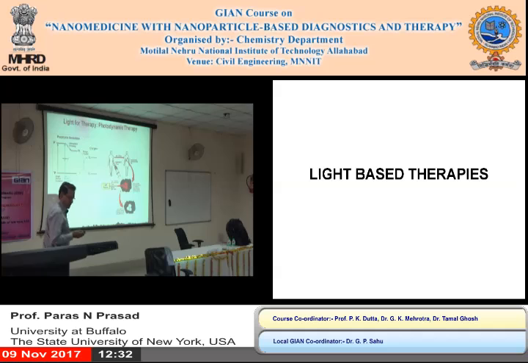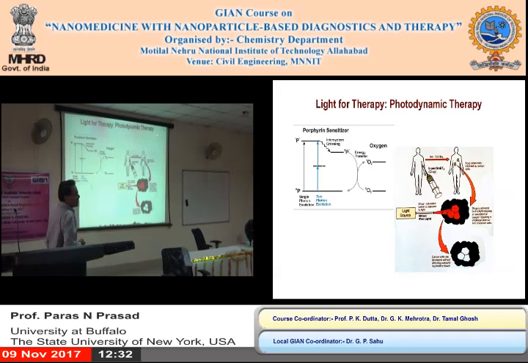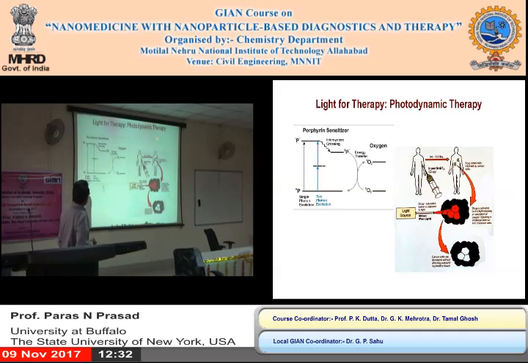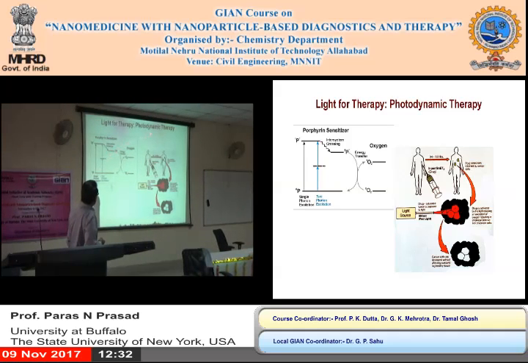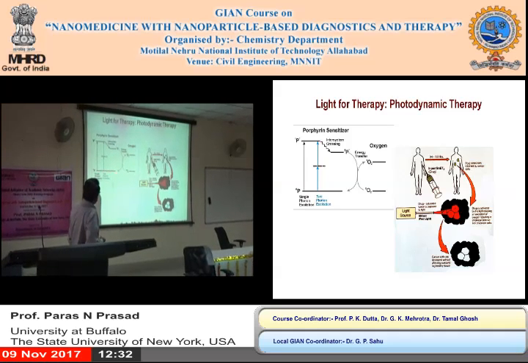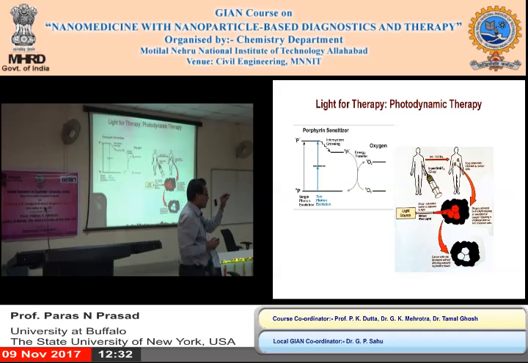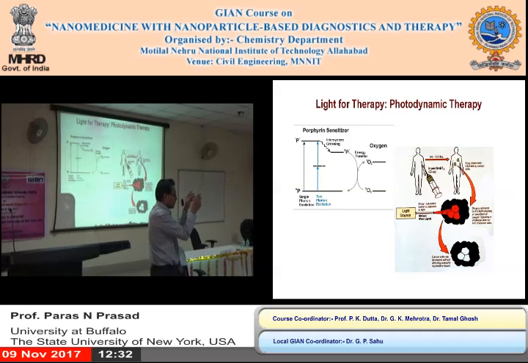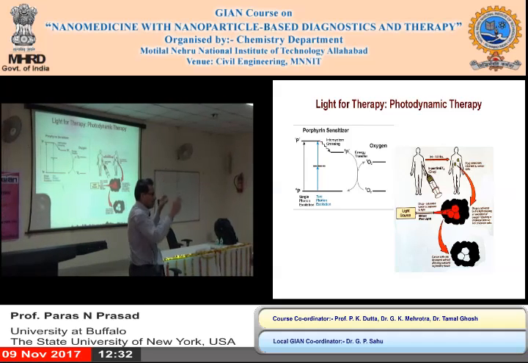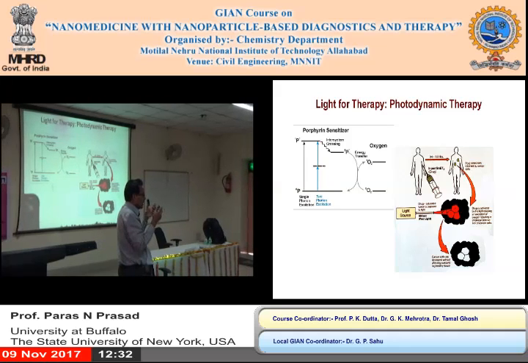Light-based therapy. So one of the therapies is what is called photodynamic therapy. The idea over here is very simple, that you excite an organic molecule, which in most cases have been porphyrin structure. Porphyrins are fused ring organic structures, sometimes with metal inside the ring structure, which is called macrocycles, or sometimes without metal.